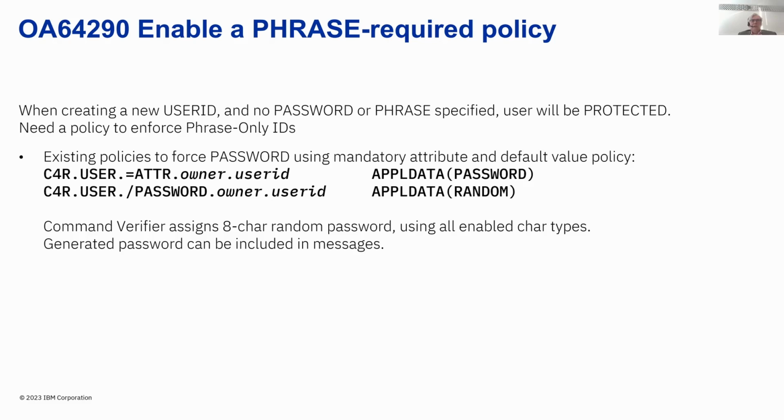We did have policies for password, and the default value policy where you could say, if people have not specified a password, I still want to create a password, but make it a random password, using all the character types allowed with the rules.